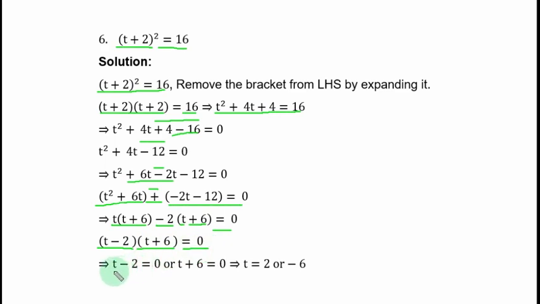So you have t minus 2 equal to 0, or t plus 6 equal to 0. When you transfer the constants minus 2 and plus 6 to the right hand side respectively, you have t equal to 2 or minus 6. Are you still there?